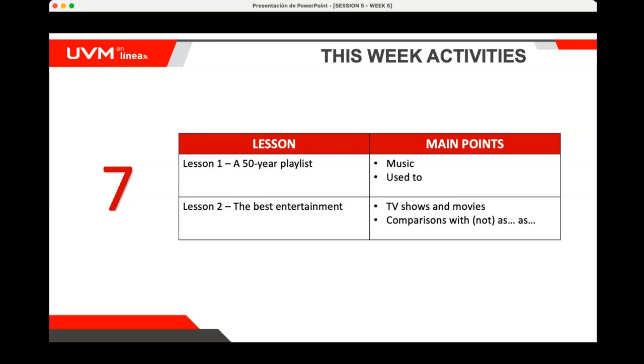So probably the most complex grammar point that you reviewed in this unit was the fourth one that we have here, which is comparisons with not as... as, and as... as. Specifically, the combinations that we can use with those particles.